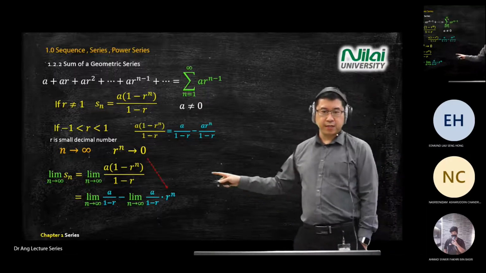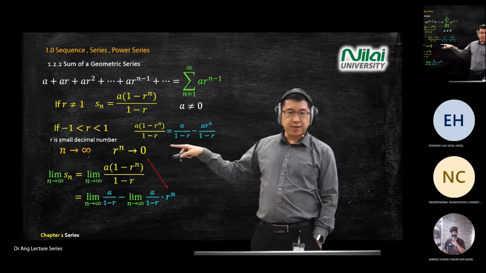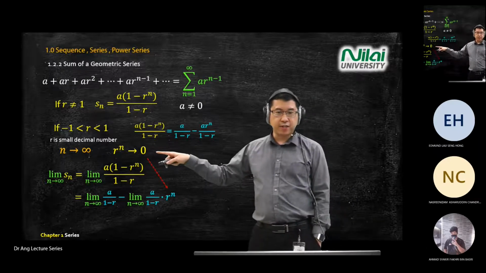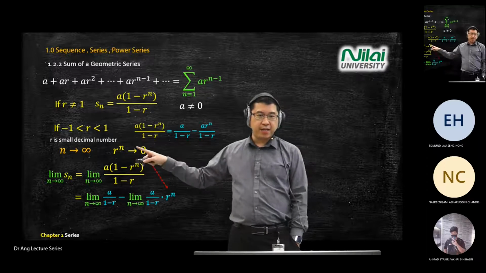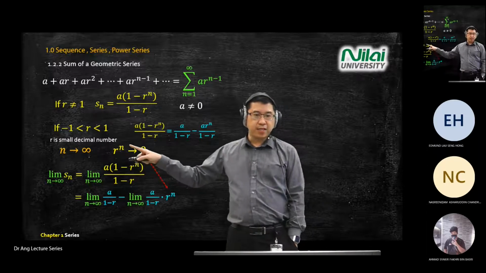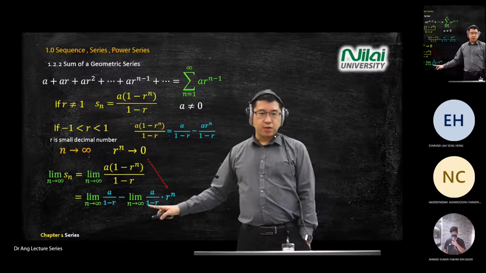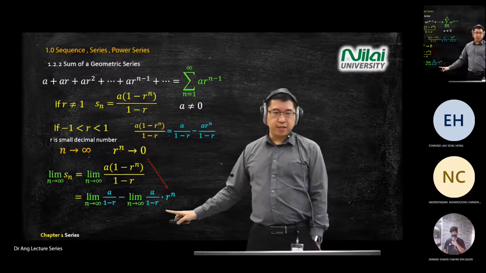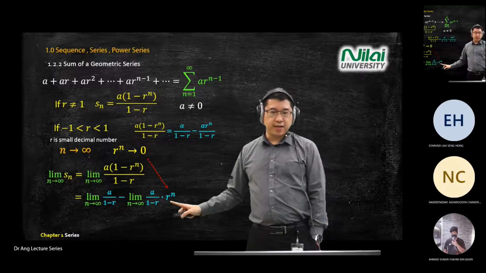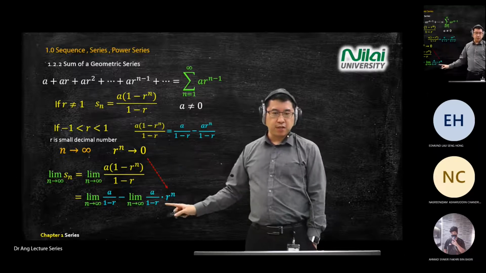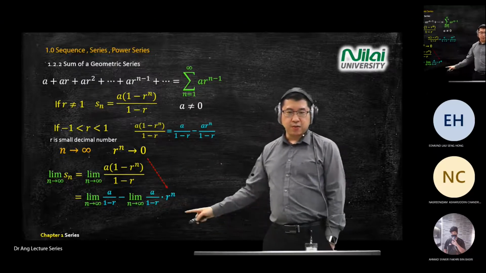Then you calculate. As in the question I asked you just now with the calculator, you know that r power n, if you increase it until infinity, you get 0. So look at this second component. If you take this one times this one, you know that your r power n equals 0. Something times 0, you get 0, right?